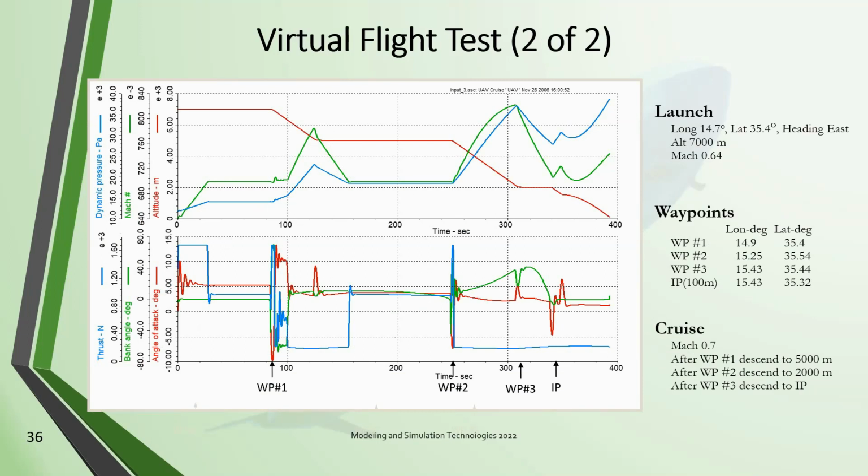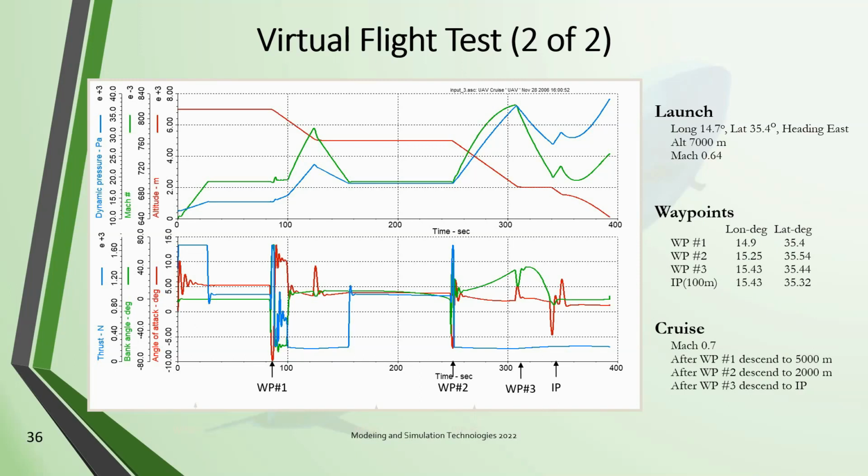And you see on the bottom here the 3 waypoints identified and the IP. Altitude is in red. See, after waypoint 1, it drops down from the original 7,000 meters down to 5,000 meters, cruises at 5,000, drops down to 2,000, and then goes through the IP.